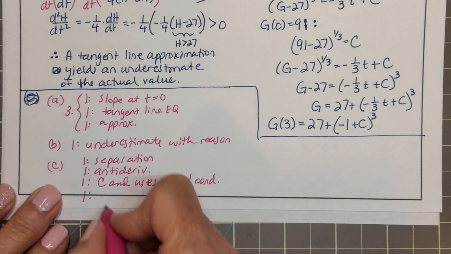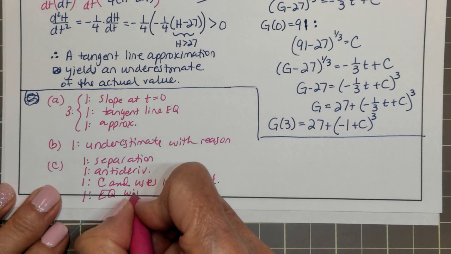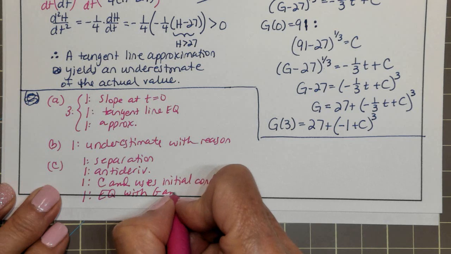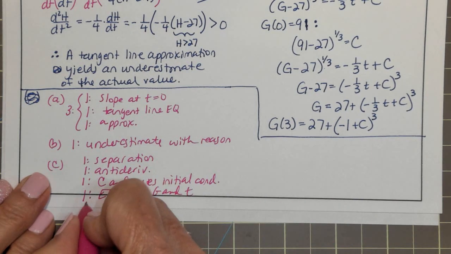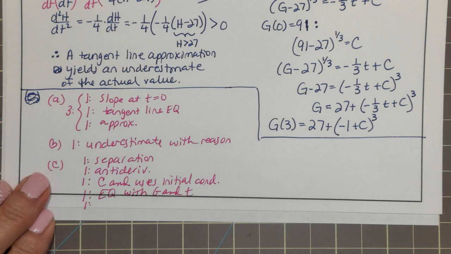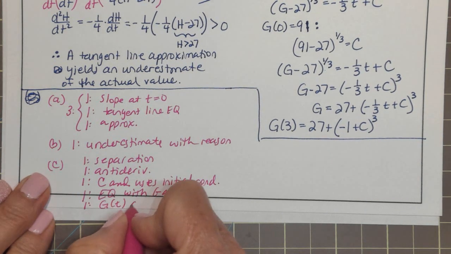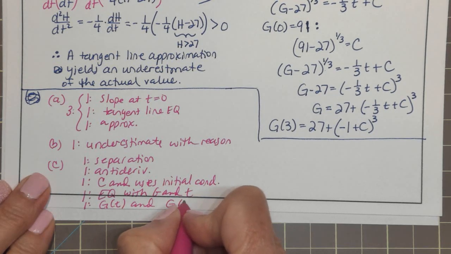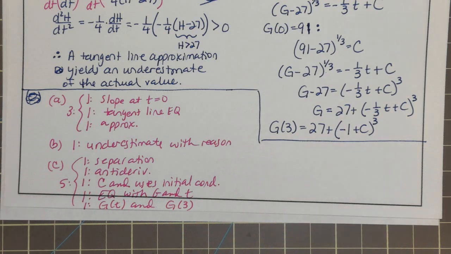One point was for the equation with g and t. And then I'll squeeze it in here. 1 point was for g of t and g of 3. So 5 points for that one.